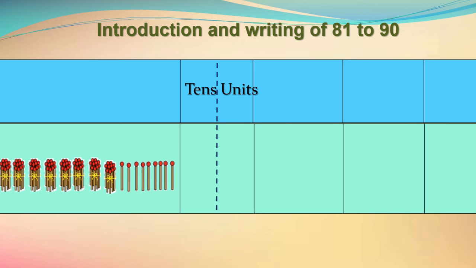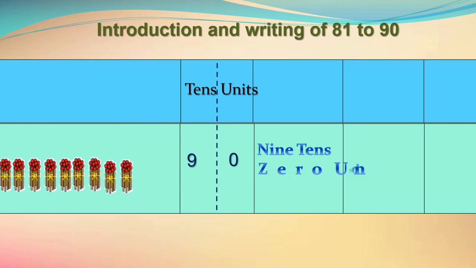So what are they going to do? They are going to combine, they are going to join, they are going to make a bundle. So we got a bundle of one more matchsticks. See here. So there are 9 tens and 0 units. You cannot see a single matchstick over there. So 0 units. Let us write in words, 9 tens and 0 units.